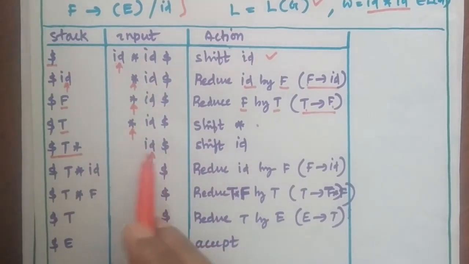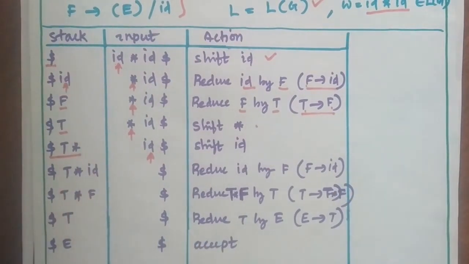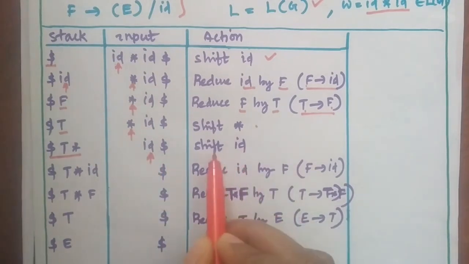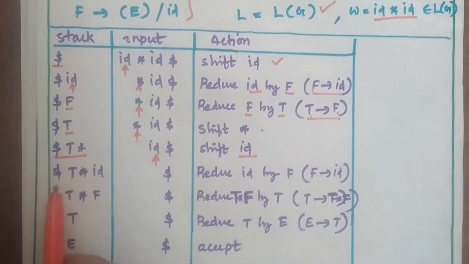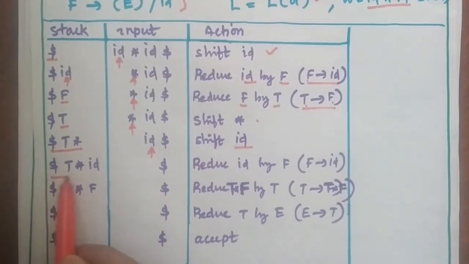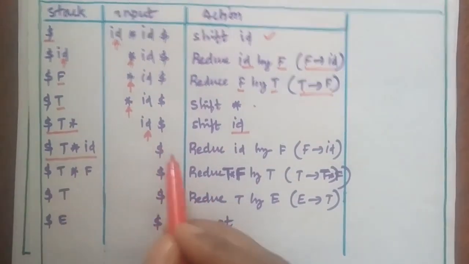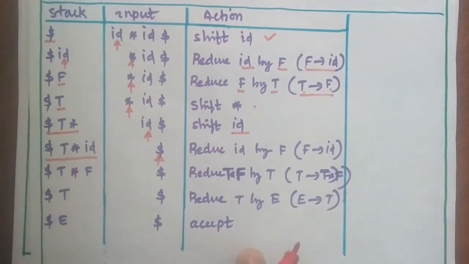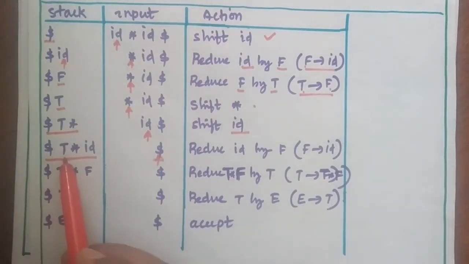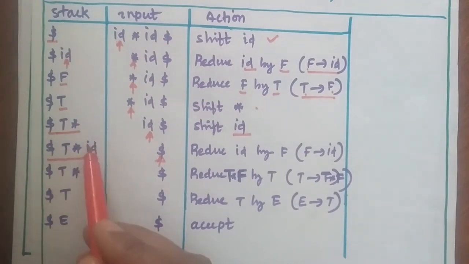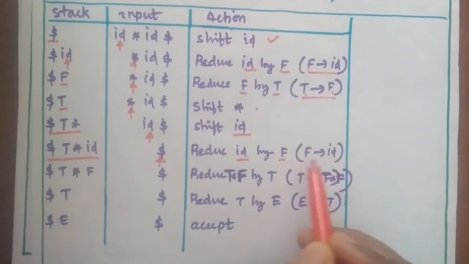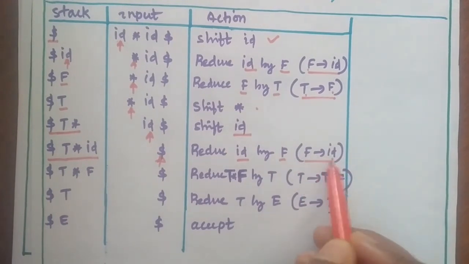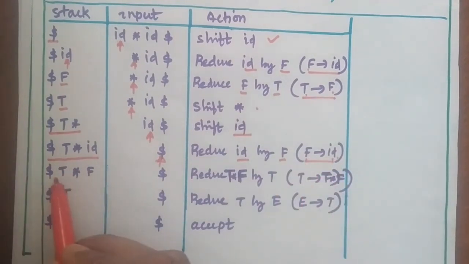Again the input pointer points to ID, the stack top does not contain a valid handle, so ID is shifted onto the stack, so the stack status is this one, and the input pointer points to dollar. Look at here, the stack top contains a valid handle ID, so ID is replaced by F, because ID is the right side of a production, then replaced by F. So you can see T star F.